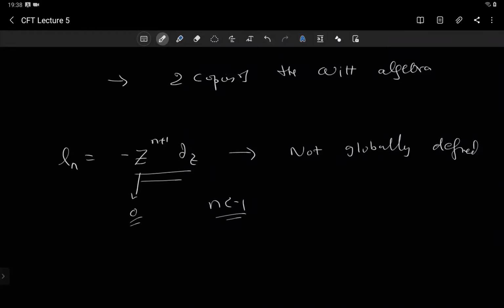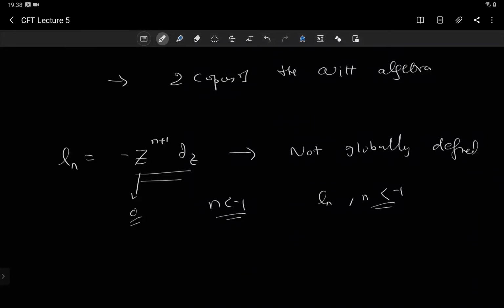So l_n for n less than -1 is not defined at z equal to 0.